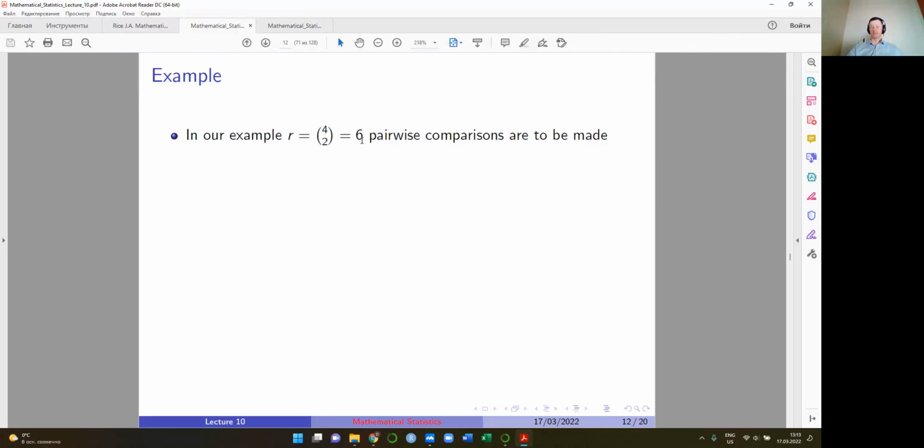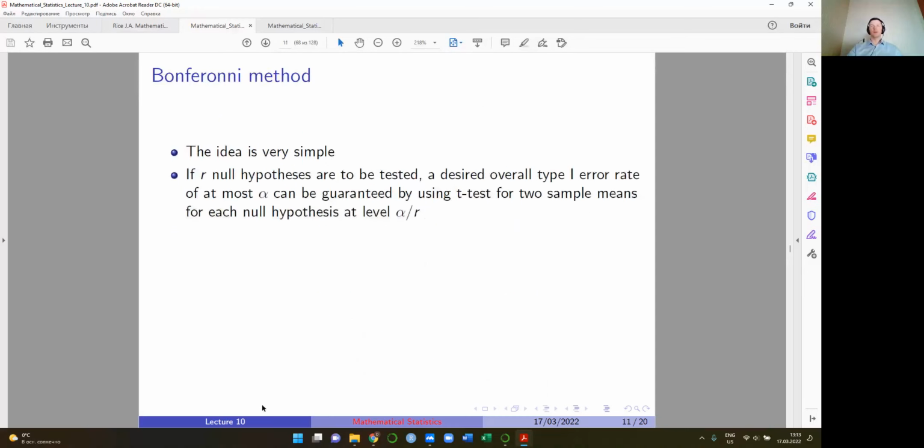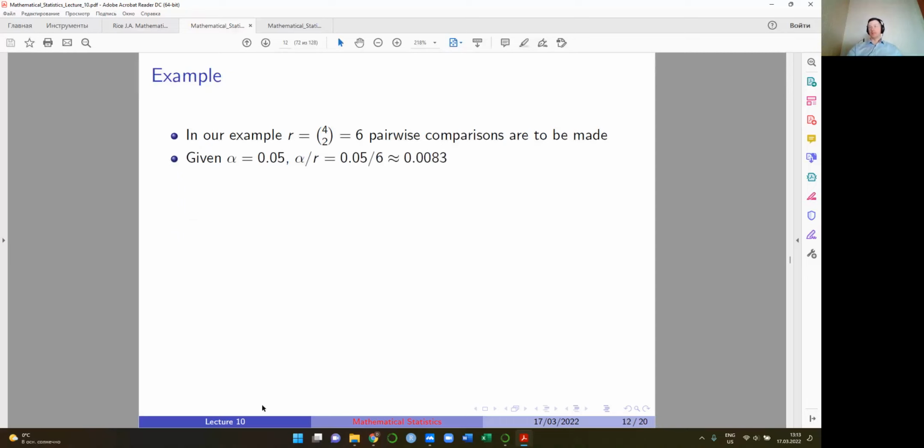So 6 pairwise comparisons: 1, 2, 3, 4, 5, 6. If we take, let's say, alpha of 5%, alpha over r is going to be approximately equal to 0.83%.